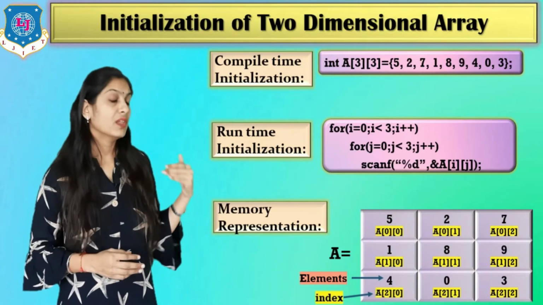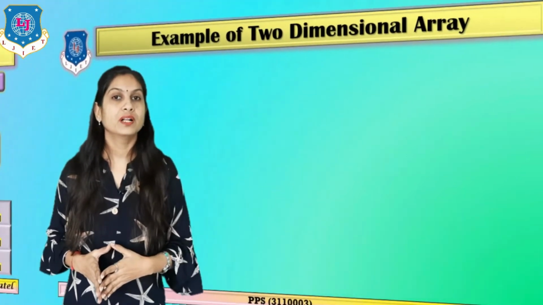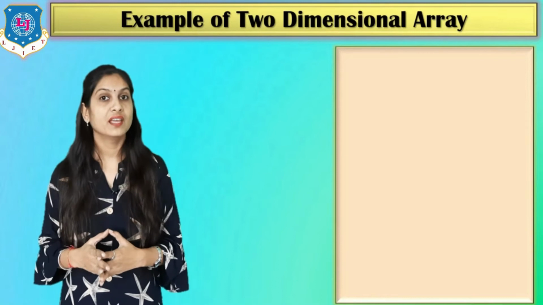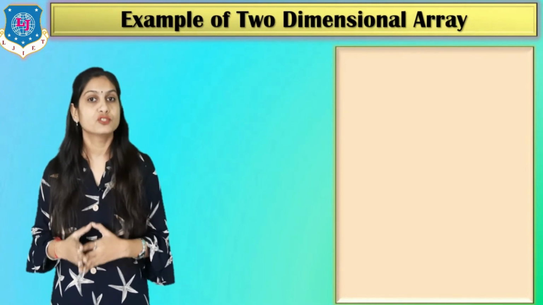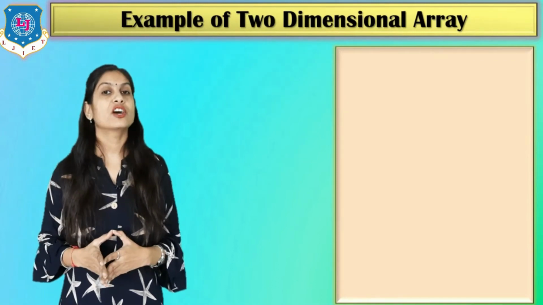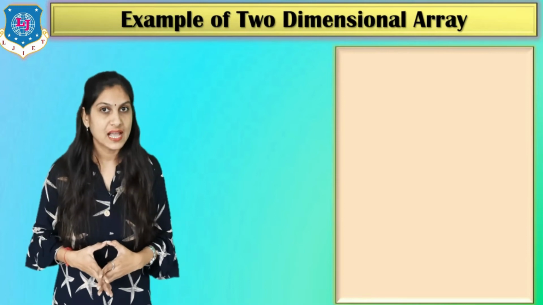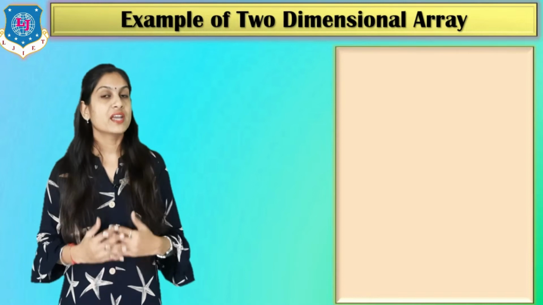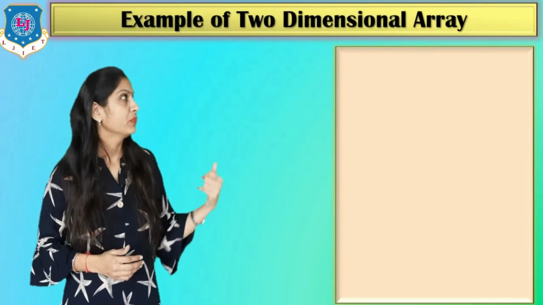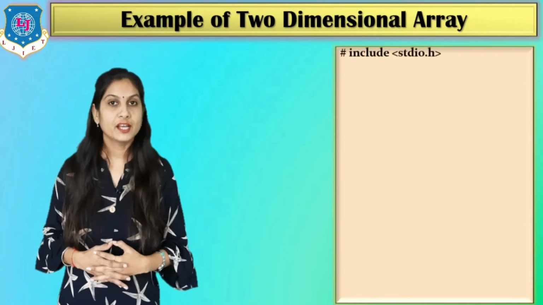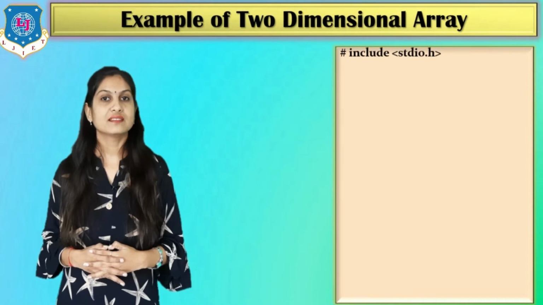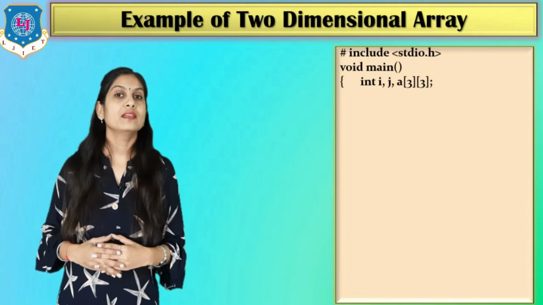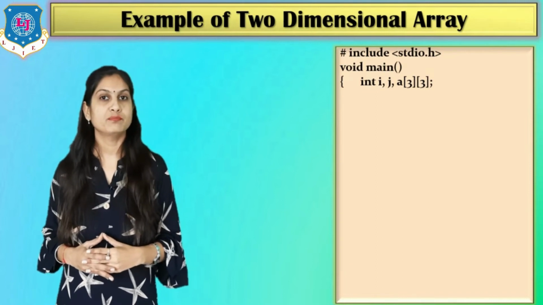Clear? Now just see the example, the same to print the array elements, but here the array is of type two-dimensional. Suppose in your exam the definition is like: enter a 3 cross 3 matrix and print the same, then you have to write this program using first the header file, include stdio.h, and then we have to write void main and start with the declaration part.